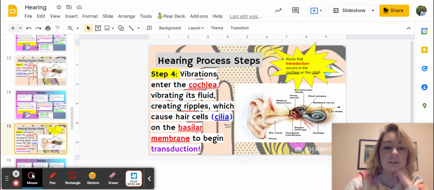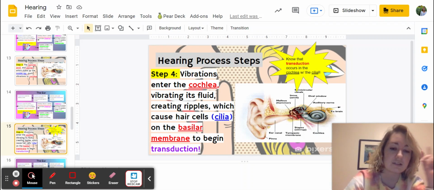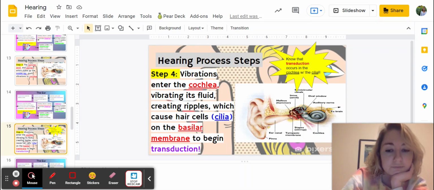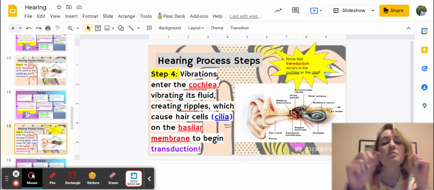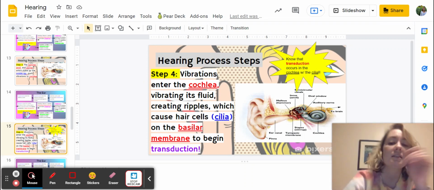The vibrations hit the cochlea, and I would put 5 stars in my notes for cochlea because this is where transduction occurs. There's fluid in the cochlea, so because they're vibrations, it hits that and causes the fluid to vibrate.